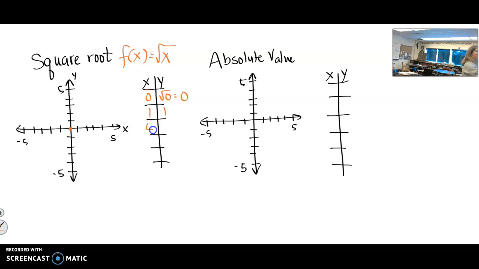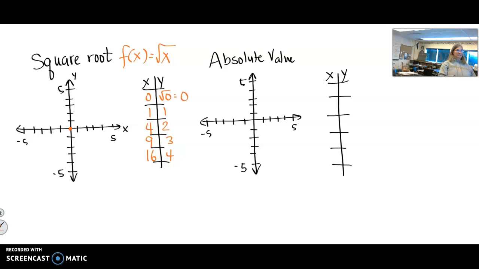So the square root of 4 is the whole number 2. The next one would be 9, because the square root of 9 is 3. I'm off the graph, so I could keep going. The next one I'd pick is 16, because the square root of 16 is the whole number 4.